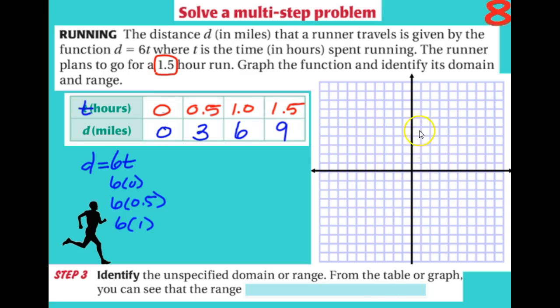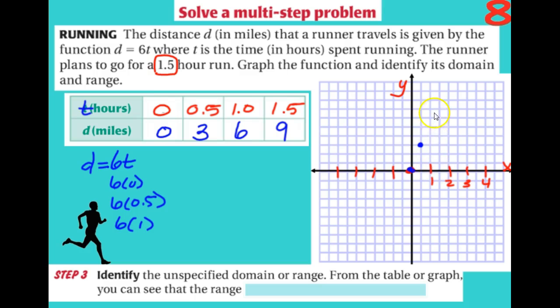So if we graph those, 0, 0, then 0.5 to the right. Instead of literally going 0.5s, I'm going to make each of these go by 1s. 1, 2, 3, 4, on just my x-axis. So at 0.5, which would really be in the middle here, we're up 3. 1, 2, 3.